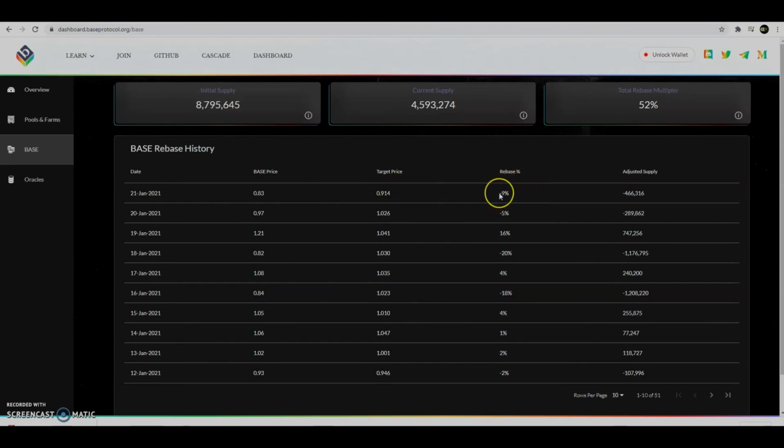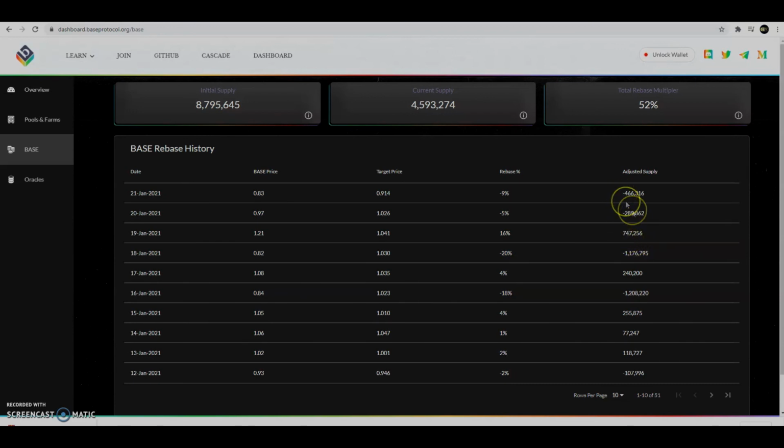You can see here it was minus 9%. You can see 2 days ago it was positive by 16%, and the target price would be just over 1 trillion, guys. But you could see that the base price was 121, hence the reason why you got this huge positive rebase, and 747,000 tokens were added to the supply.